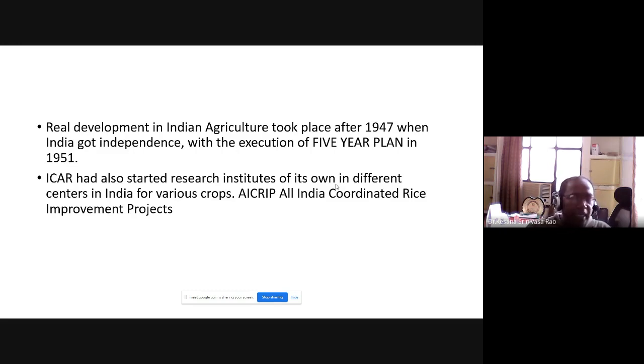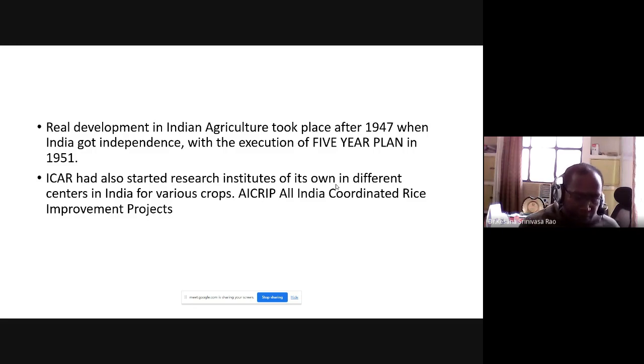But immediately after the first plan, in the second plan, our government gave importance to heavy industrialization. Since then agriculture output has not grown much, and in the annual plans there was no such growth.